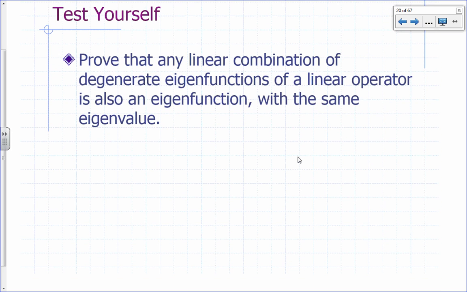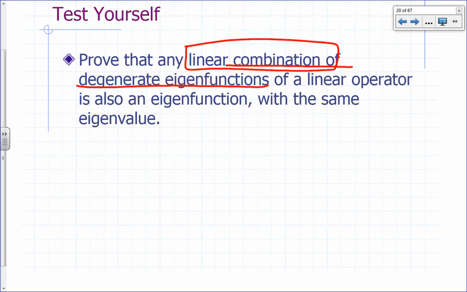Okay. Now let's prove that any linear combination of degenerate eigenfunctions of a linear operator is also an eigenfunction with the same eigenvalue. So let's understand what we mean by linear combination.